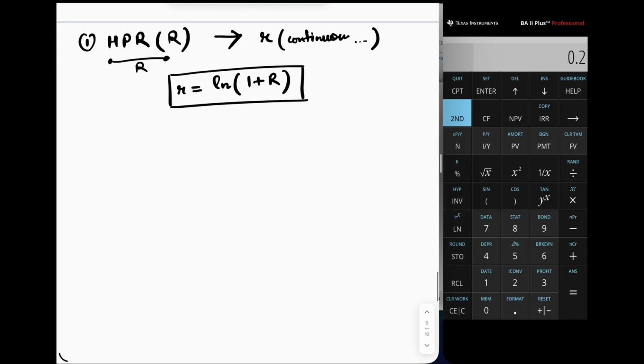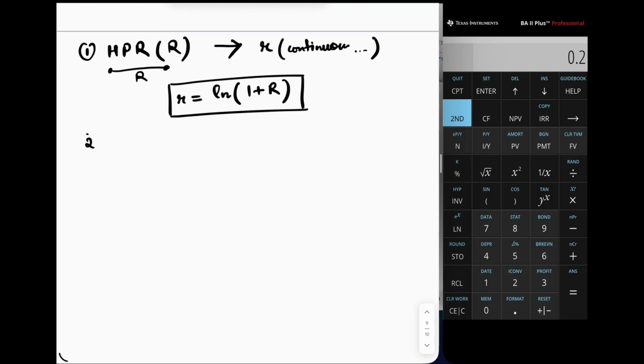What if I tell you, now continuous compounding is given, I want to know my holding period return, and the condition stays the same. The starting point and the finishing point will be the same. So if the continuous compounding rate is given and you want the holding period return, what is the formula to convert back?